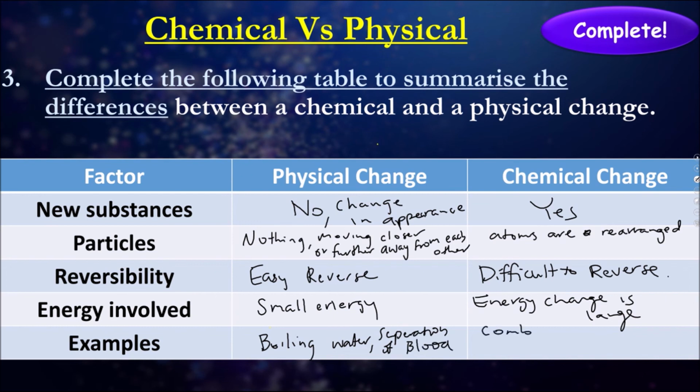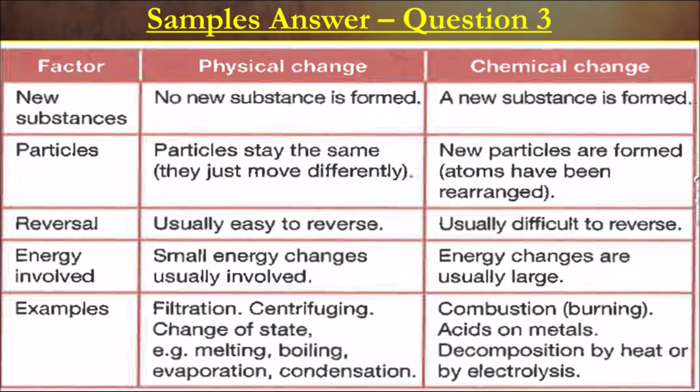We said combustion. We said decomposition. And we also said things like precipitation. So there's that. If you want to have a look at it in a bit more detail, this is the table for you. So pause it here because I'm going to move on.